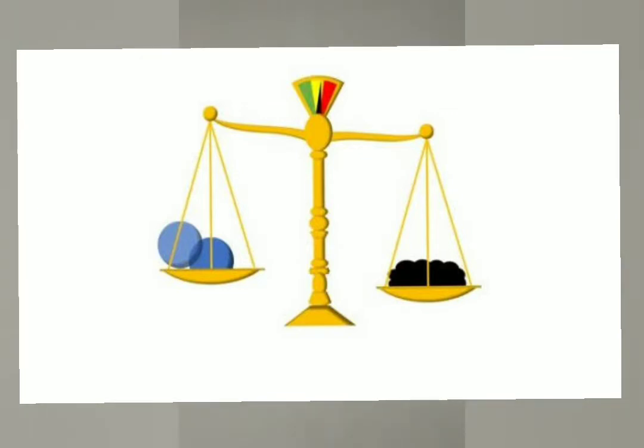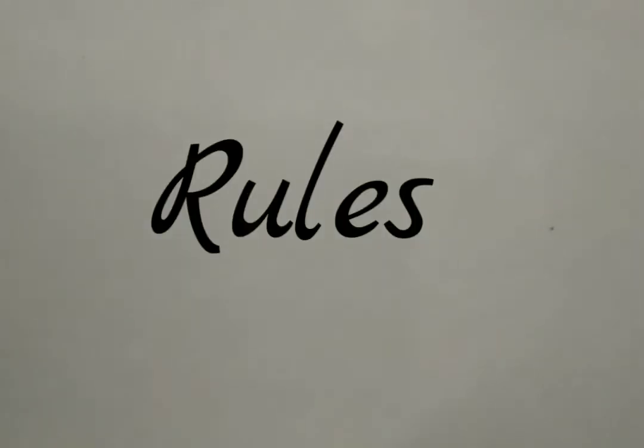Here in this picture you can see that more weight is on the right pan and less weight is on the left pan. So that is why the instrument is a little tilted towards the right side. So if we are keeping quantities of same weight on both the pans, it will get balanced. And that gives the basic rules for solving linear equations.